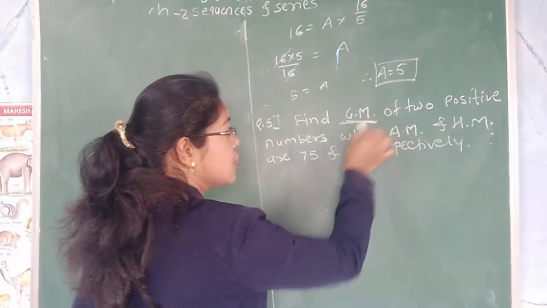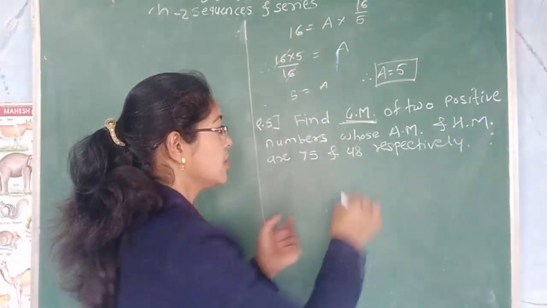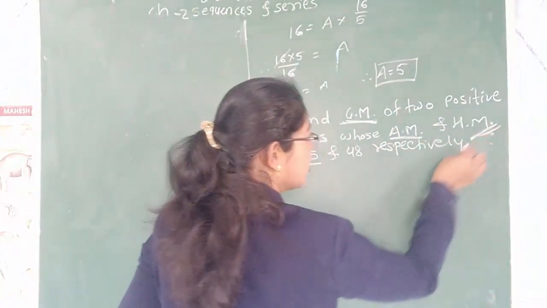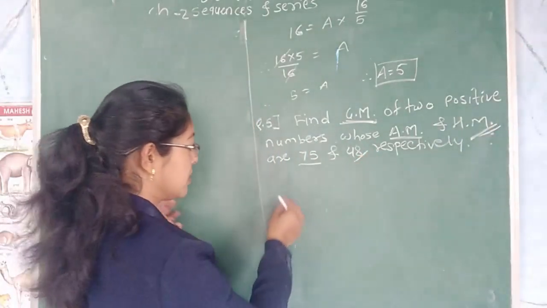We have to find the geometric mean. Given arithmetic mean is 75 and harmonic mean is 48.